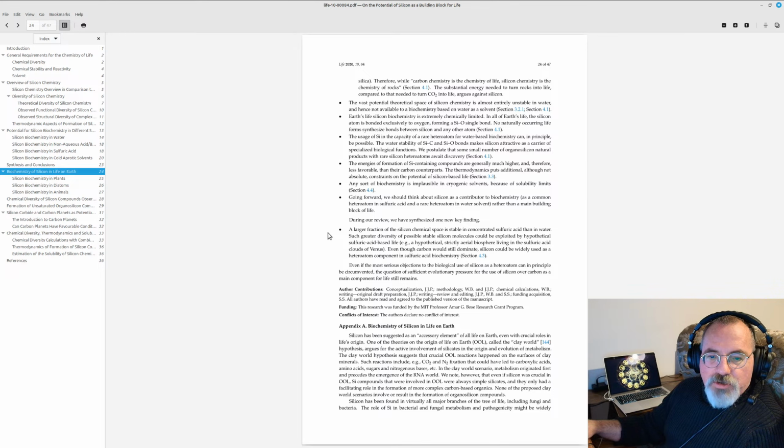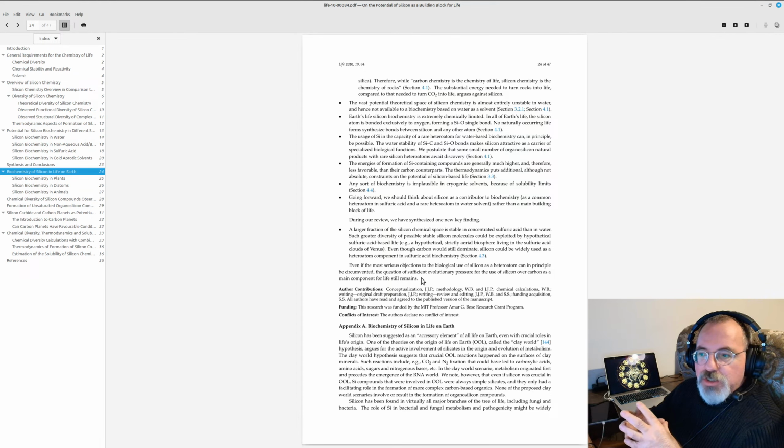Even if the most serious objections to the biological use of silicon as a heteroatom can in principle be circumvented, the question of sufficient evolutionary pressure for the use of silicon over carbon as a main compound for life still remains. And I would add there's actually two elements to this.